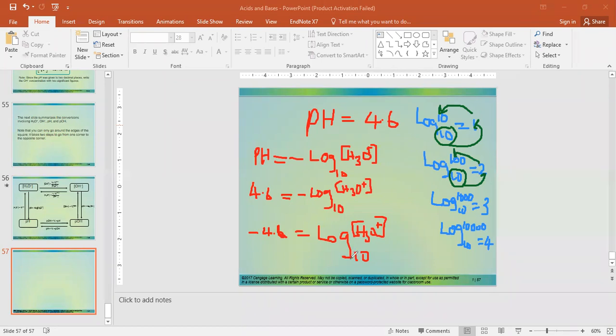Raise it to power 3, you get 1,000. Raise it to power 4, you get 10,000. That means if you take this 10 and raise it to a power of negative 4.6, it should give you the concentration of the hydronium. Is it clear?